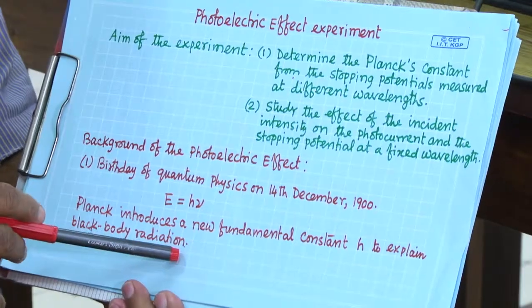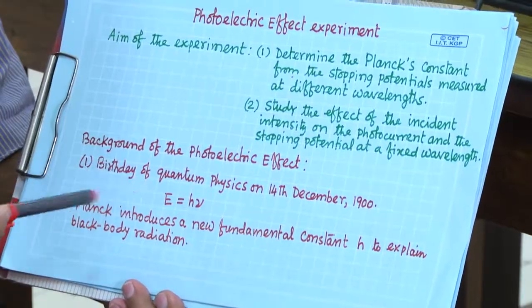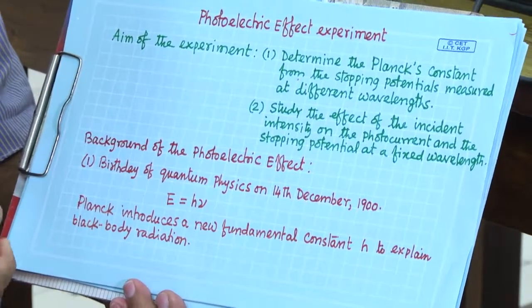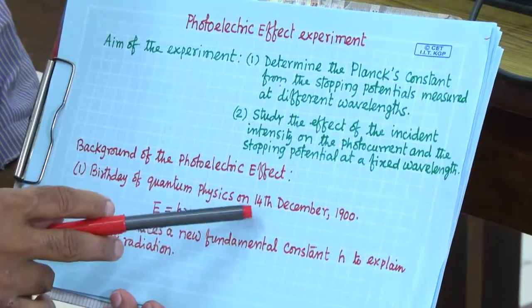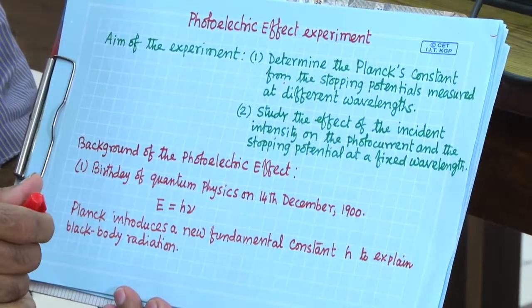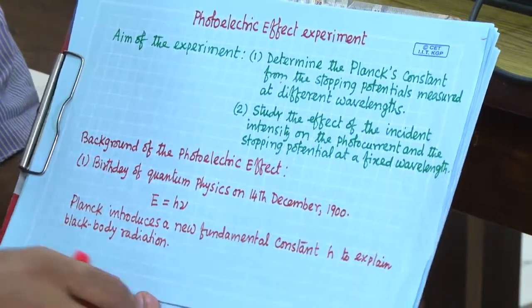That was the starting of quantum physics, so that is why we take 14th December 1900 as the birthday of quantum physics.